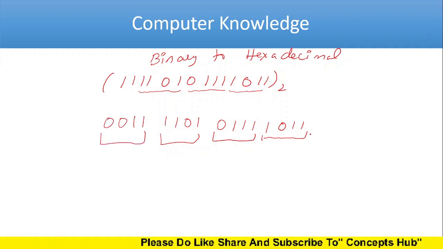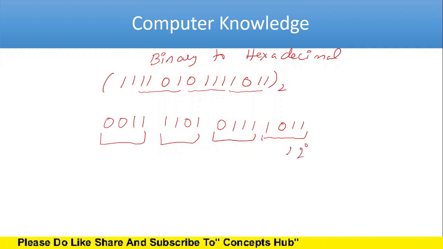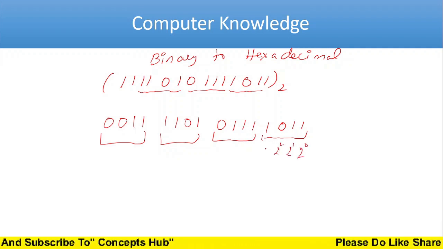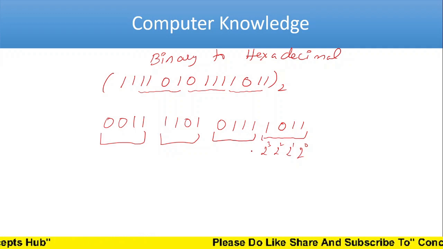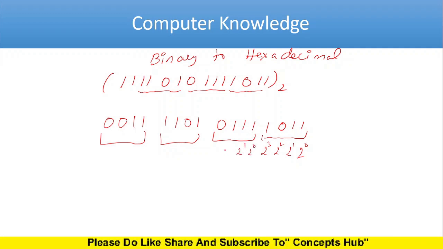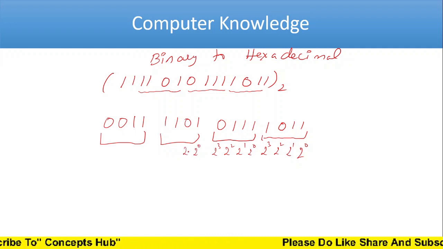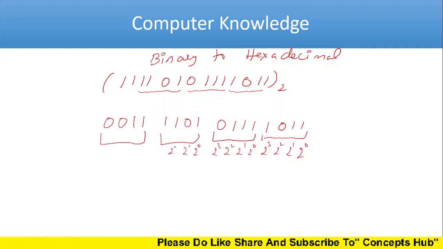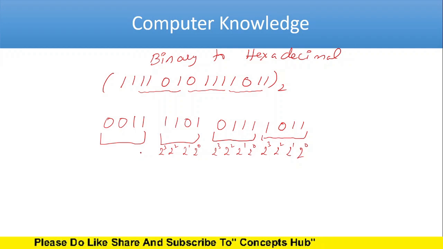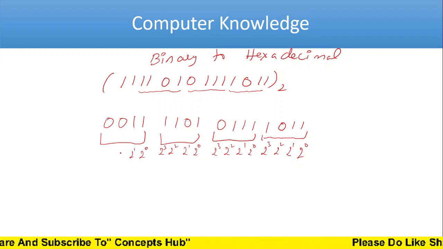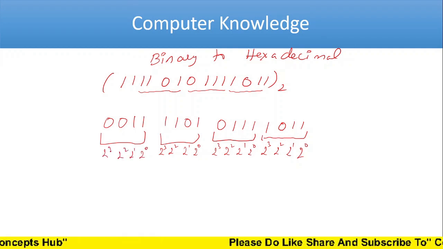Clear? So same thing: 2 power 0, 2 power 1, 2 power 2, 2 power 3, for each group of four bits.